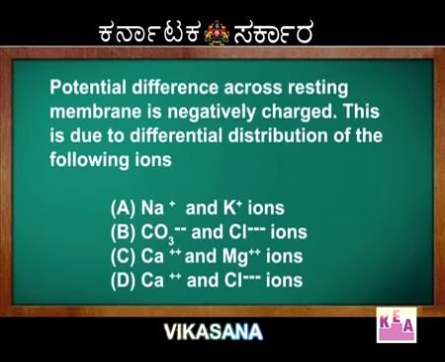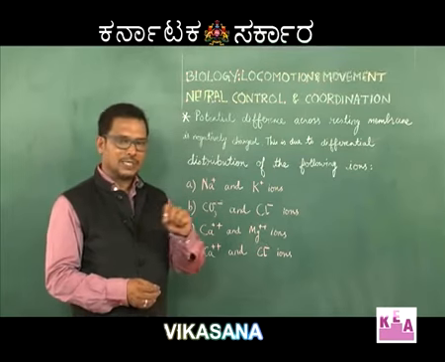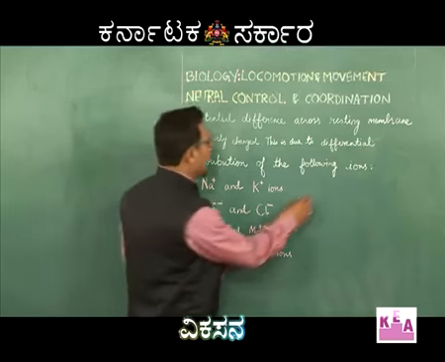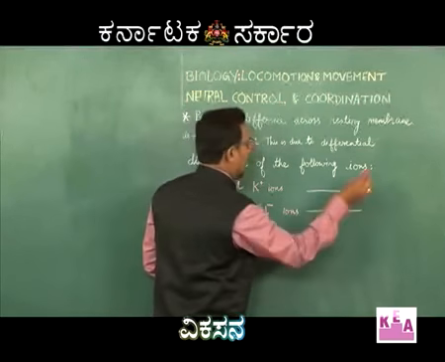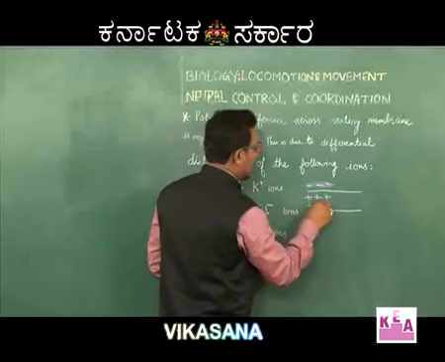Next question, potential difference across resting membrane is negatively charged. This is due to differential distribution of the following ions. Options are A, sodium and potassium, option B, bicarbonate and chloride ion, option C, calcium and magnesium ion, and option D, calcium and chloride ion. As you all know, during conduction of nerve impulse, a polarized neuron is negatively charged inside and positively charged outside.